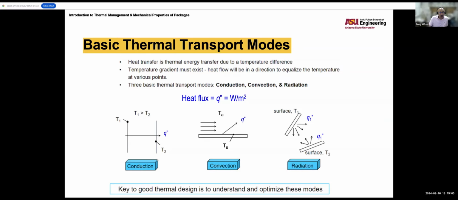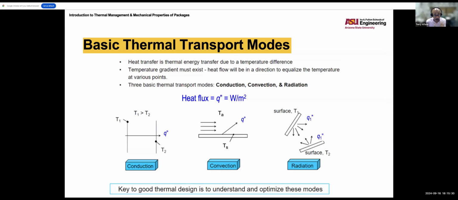In that case, we have the electrons and molecules, or just molecules, vibrating at high temperature with a much more rapid vibration.